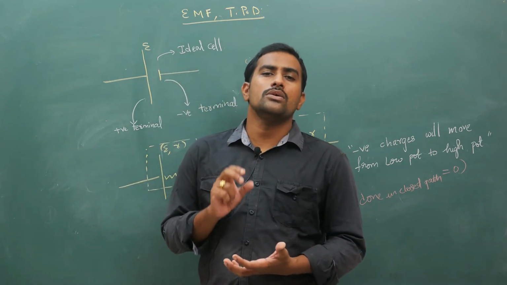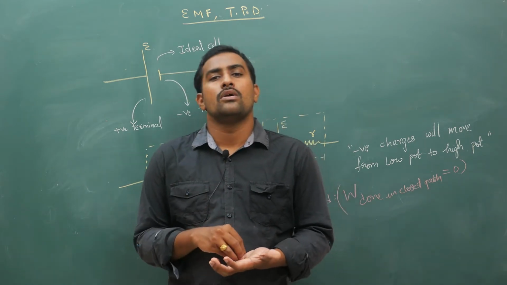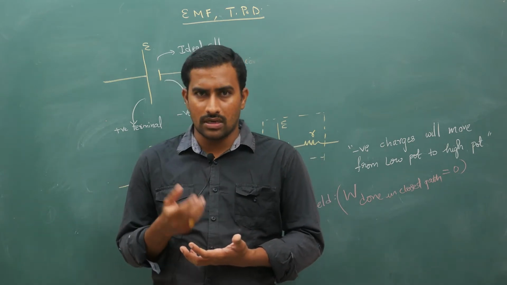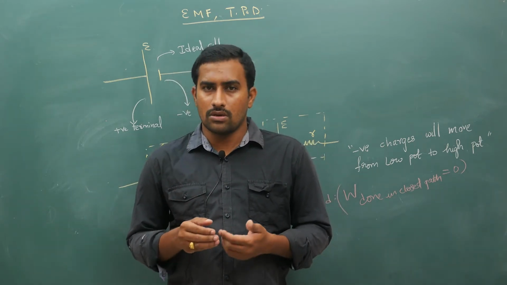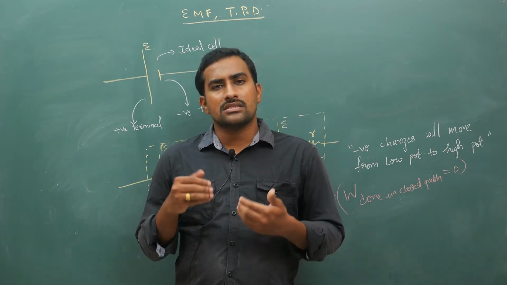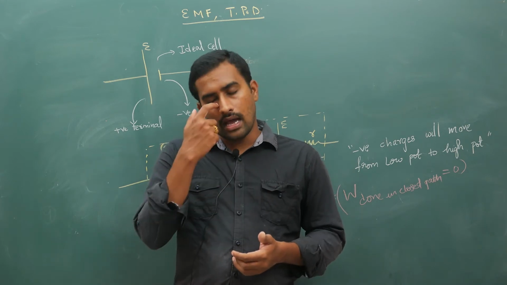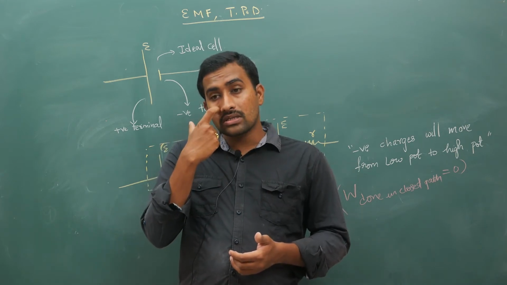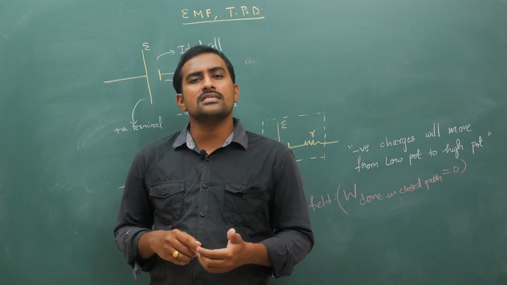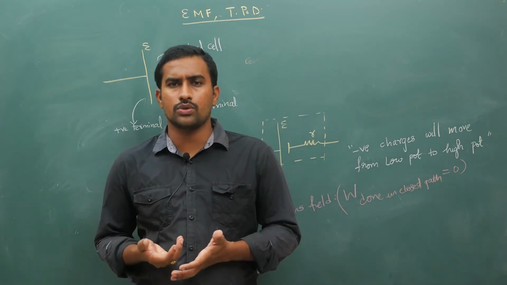So your cell takes chemical energy: because of concentration difference in the electrolytes, chemical reactions will occur, and because of the chemical reactions some free charges or ions will get released, and from anode to cathode or cathode to anode, depending upon the type of cell, your charge carriers will keep moving. That is what your cell will do usually.